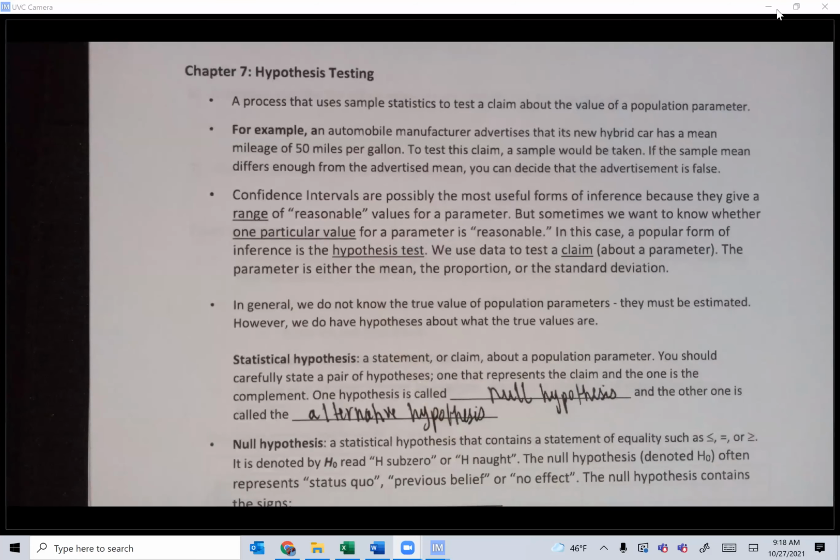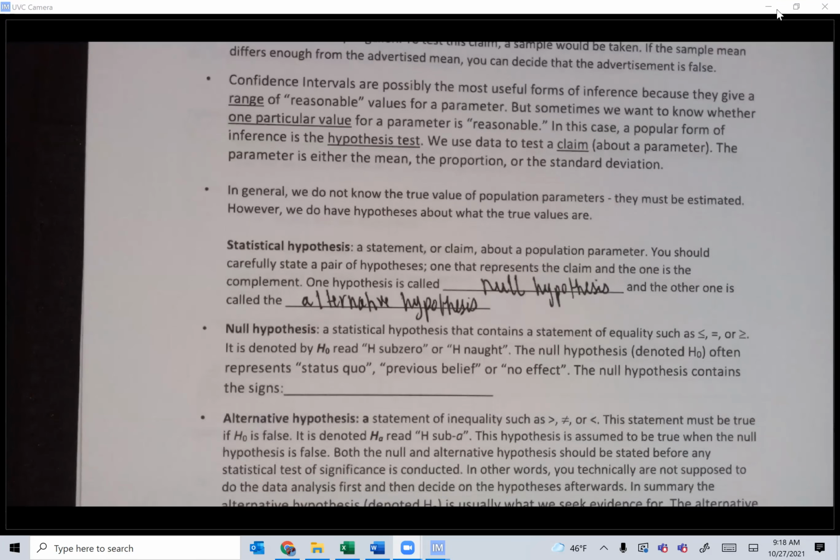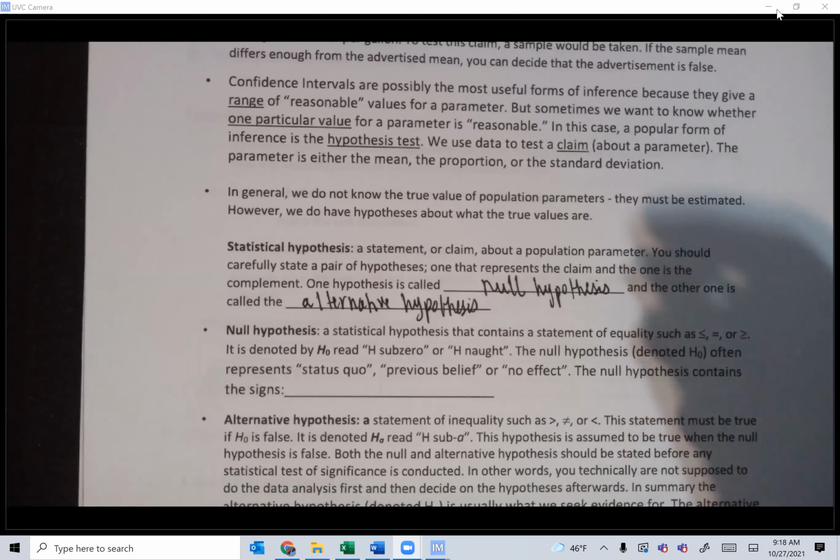Okay, the null hypothesis is a statement of equality that contains one of the three inequalities as we discussed on Monday.